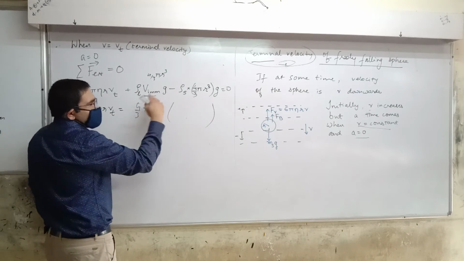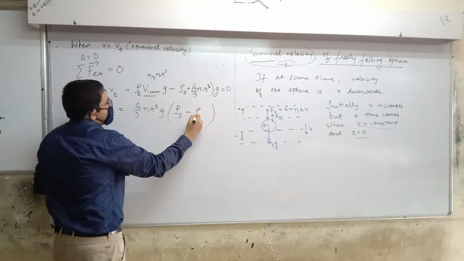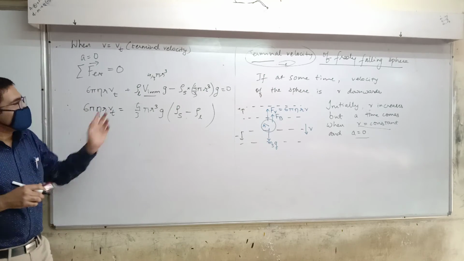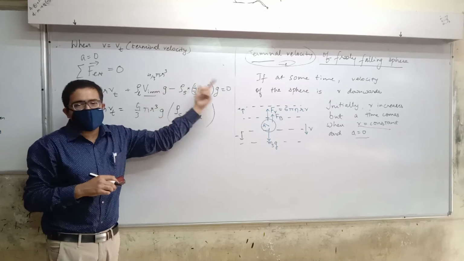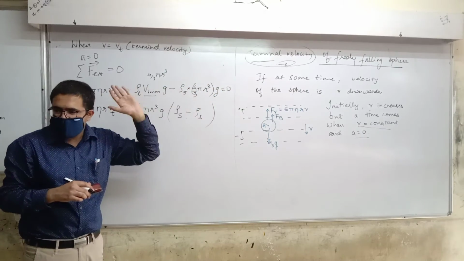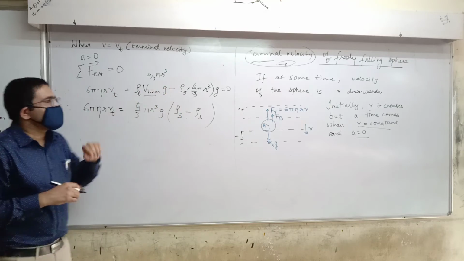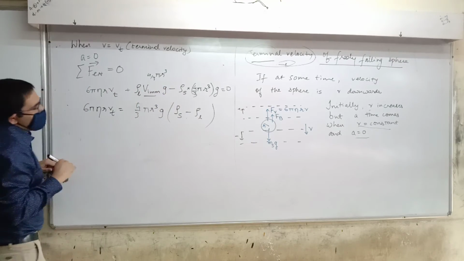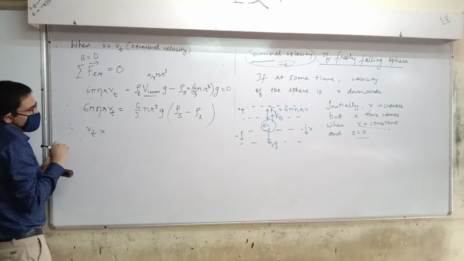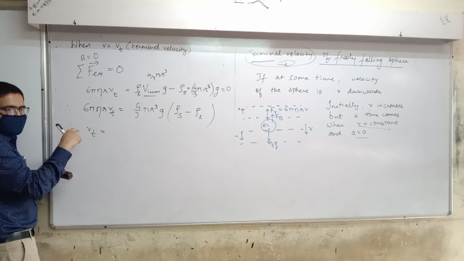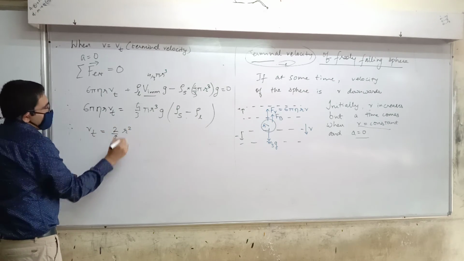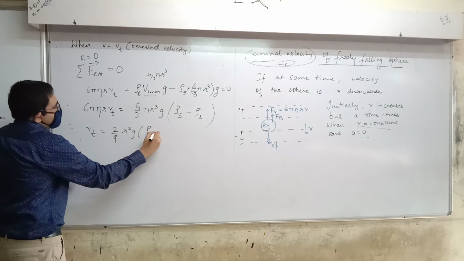Rho S minus rho L. Clear? Sign change will happen, is that fine? Okay. So this is what we get. Now what cancels? R cancels. Very good. So Vt equal to, what else is cancelled? Pi is cancelled. So you get 2 by 9 r square g, rho S minus rho L, divided by eta.